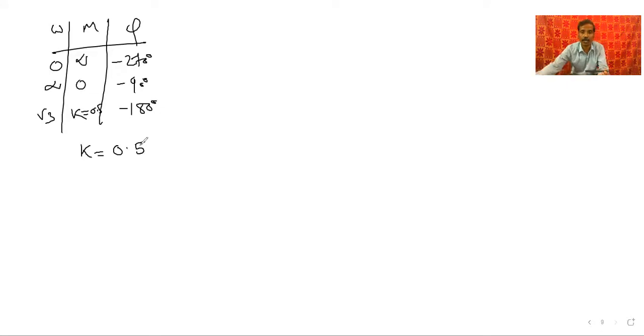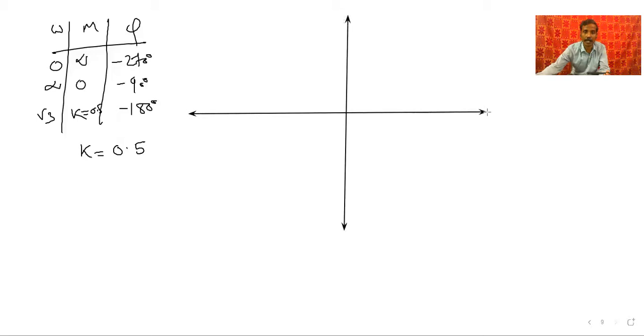What is the conclusion? Just plot here the positive imaginary direction, and this is real.